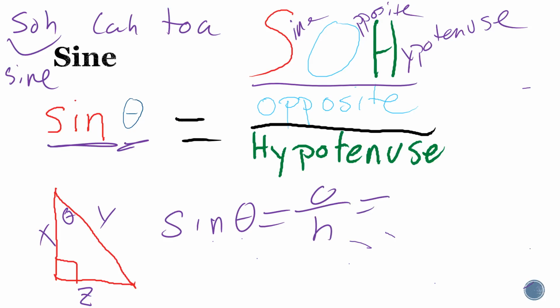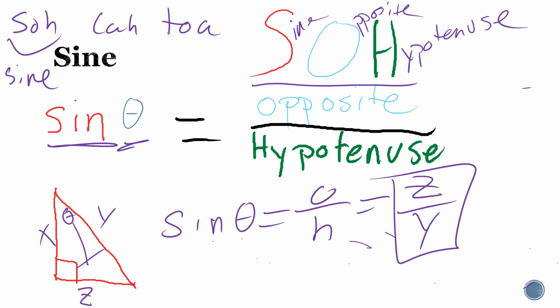So that would be equal to, opposite would be z, over the hypotenuse would be y. The sine of theta is equal to z over y, whatever those values are. Again, we're back to the regular alphabet, symbolizing just any unknown value.